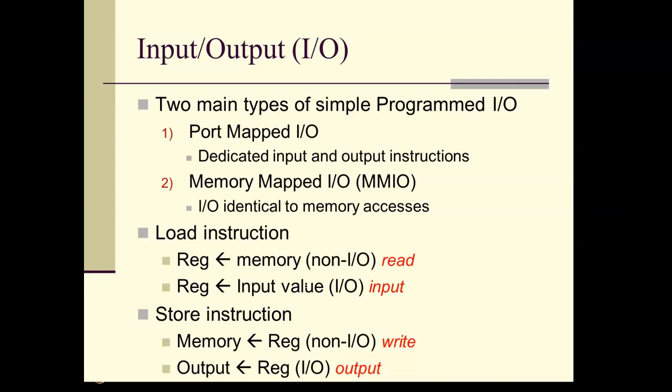There's either port mapped I/O or memory mapped I/O. Port mapped I/O typically has its own dedicated instructions, like an in and out instruction. The RISC-V does not have in and out instructions. It uses memory mapped I/O. So the inputs and outputs are identical to the load and store. Another way to say that is we use load and store instructions to do input and output.